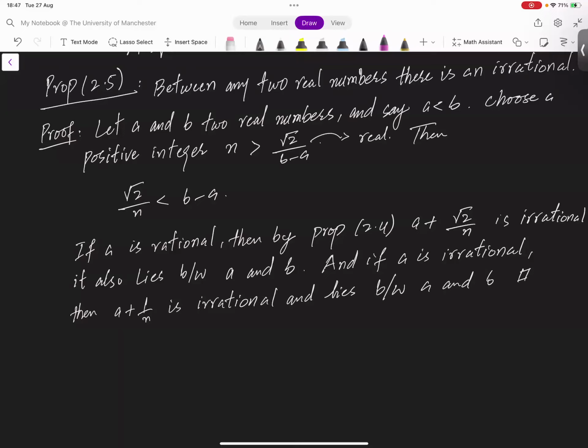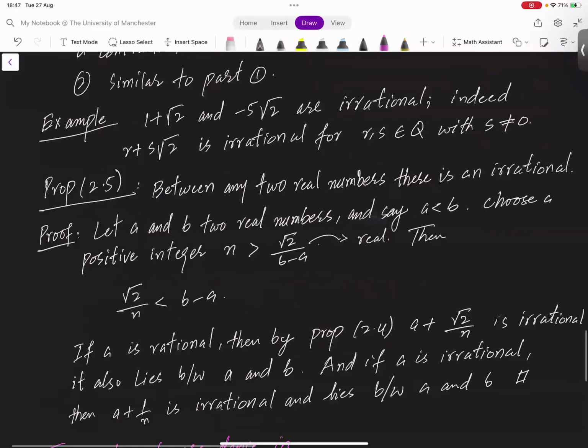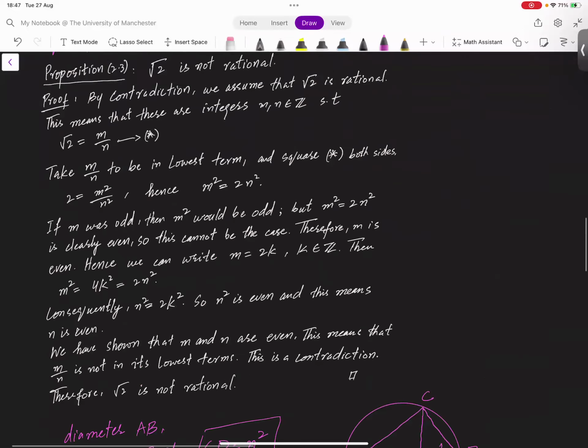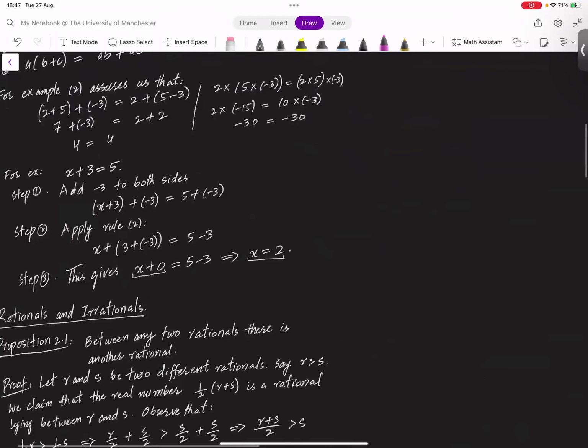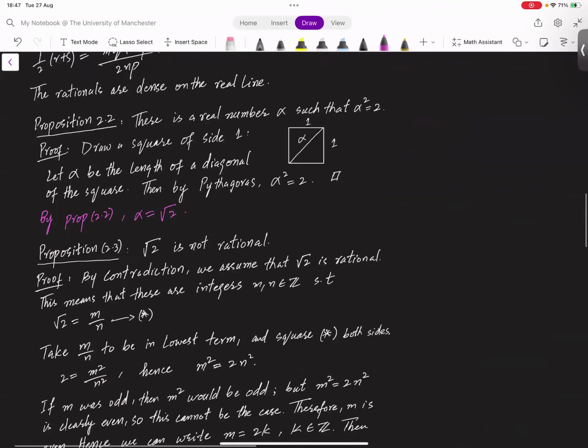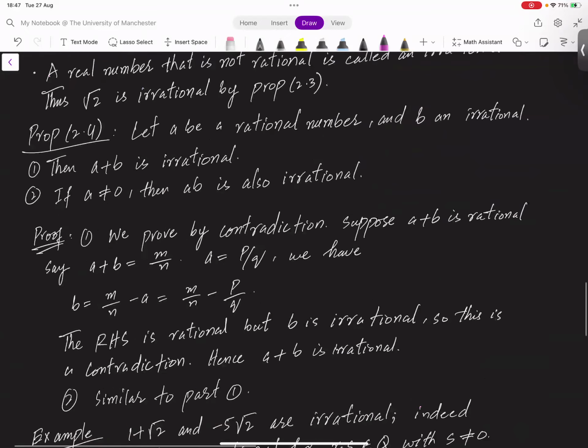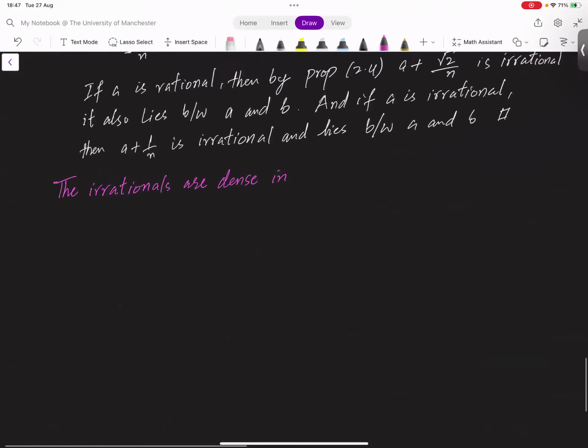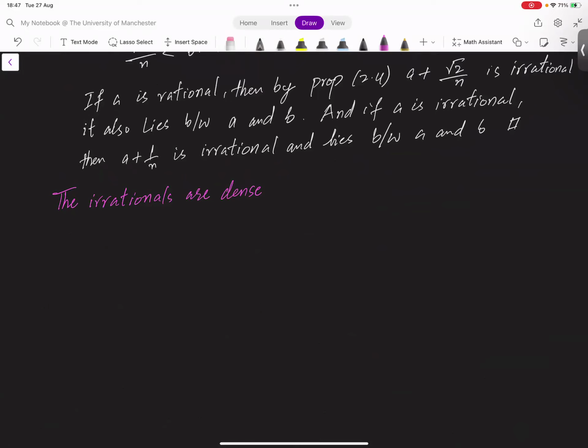So we can say the irrationals are dense in the real numbers, dense on the real line.